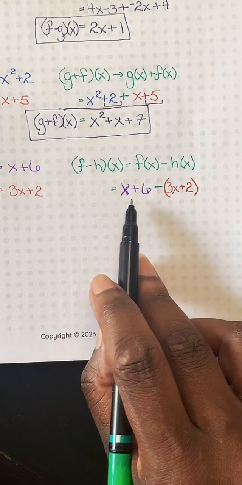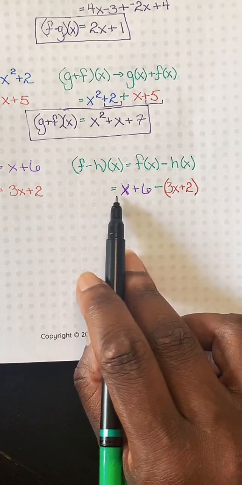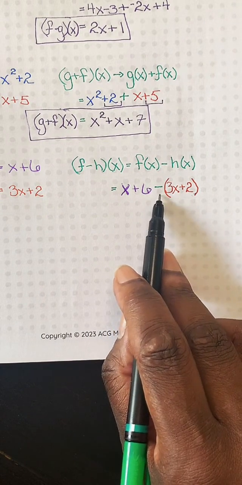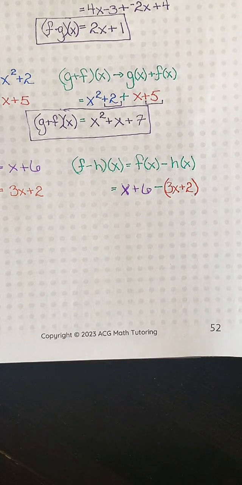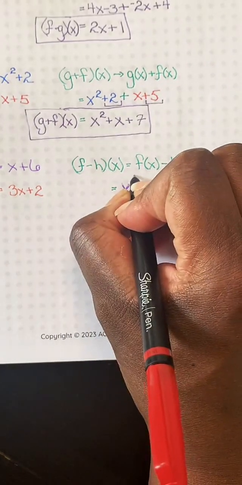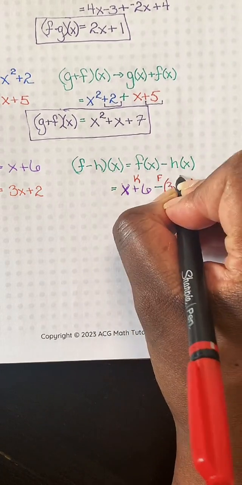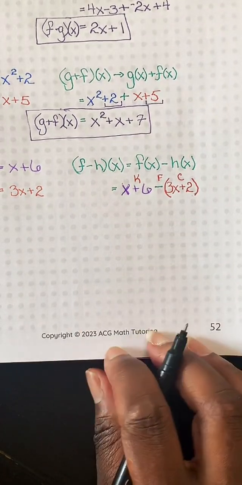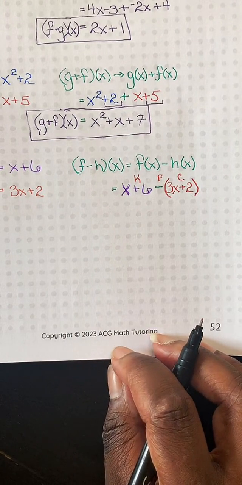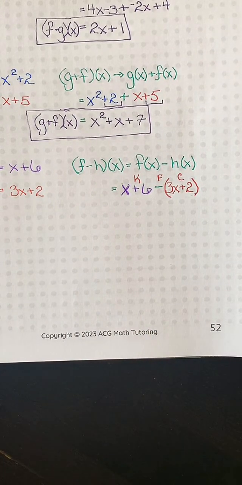I'm going to keep this first term since I'm doing subtraction. Anytime I'm doing subtraction, I'm always thinking keep, flip, change, or keep, change, flip. That's another one that one of my students was telling me. I'm like, yes.